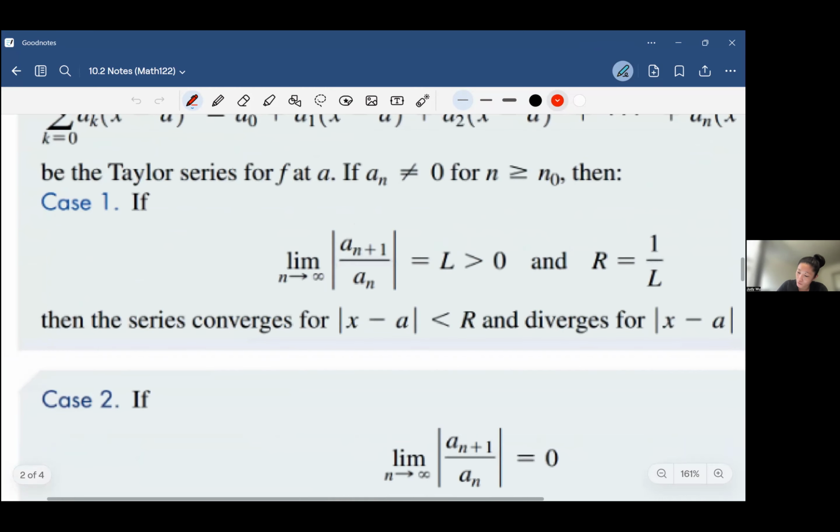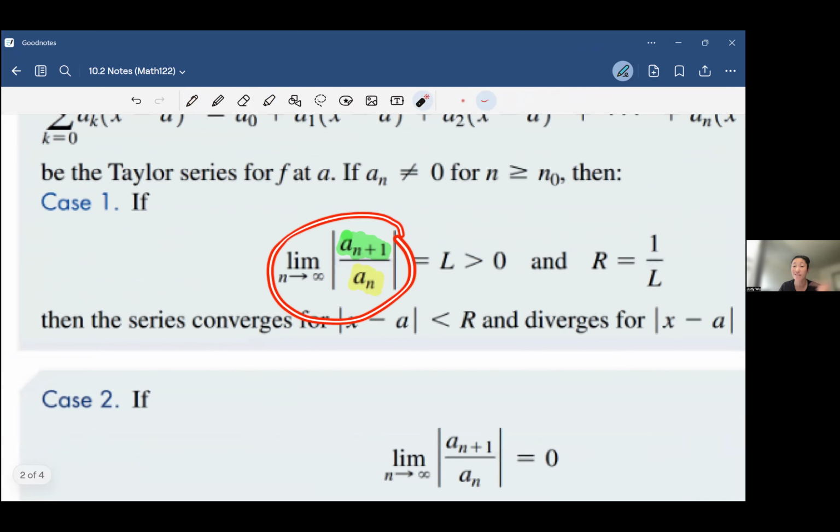Case number one, we take our coefficient for a sub n plus 1 and we compare it to the coefficient a sub n. And we're going to take our limit as n approaches infinity. Okay, so this is secretly what we were doing in part 1 of our video.